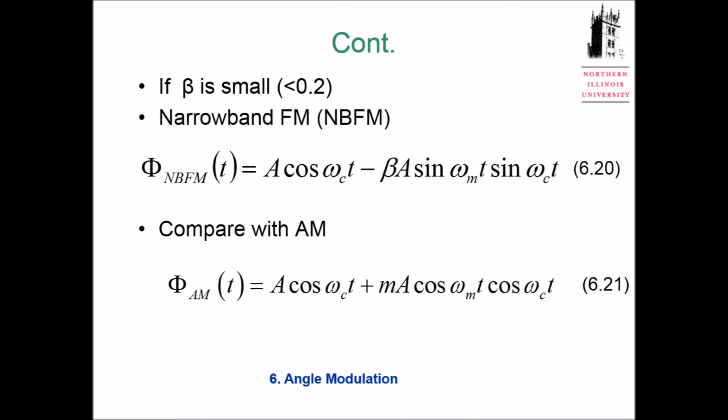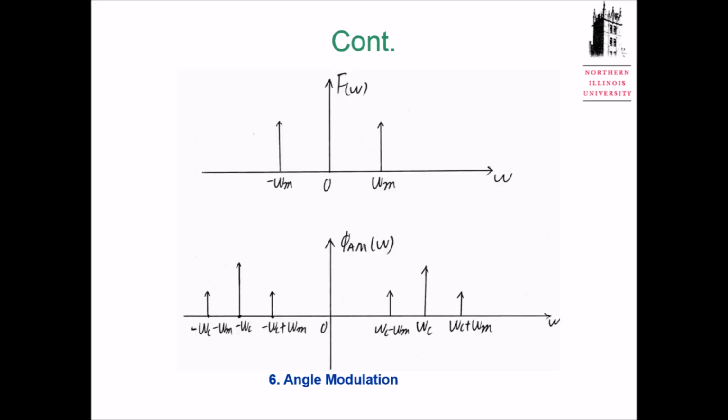This one is double sideband, large carrier. A cosine omega c t is my pure carrier, and this is my message mixed with carrier. So pretty close. The structure for generating narrowband FM is very close to double sideband, large carrier. So small beta gives us a pretty simple equation. This one, I hope you can remember.